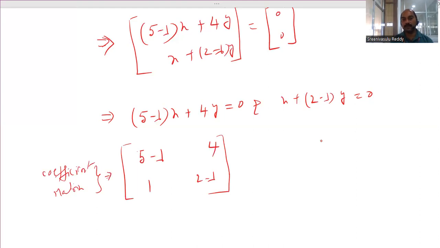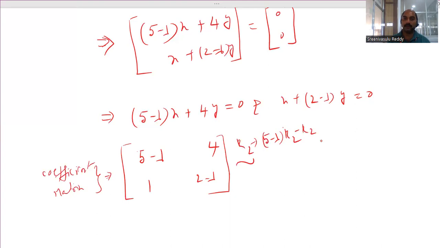Coefficient matrix of the system. Now apply row echelon form to make the entries below the diagonal zero. R2 tends to R2 minus, or it is better to take 5 minus lambda into R2 minus R2.